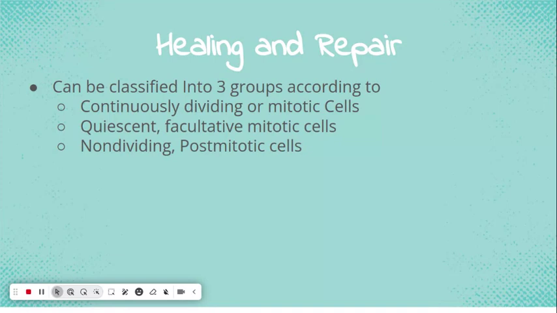We have continuously dividing or mitotic cells, such as skin cells, quiescent or facultative mitotic cells, and these are cells that have to be told to divide. And then we have non-dividing or post-mitotic cells, and these are cells that will no longer divide. So once they have died, they will no longer come back, like nerve cells and muscle cells.